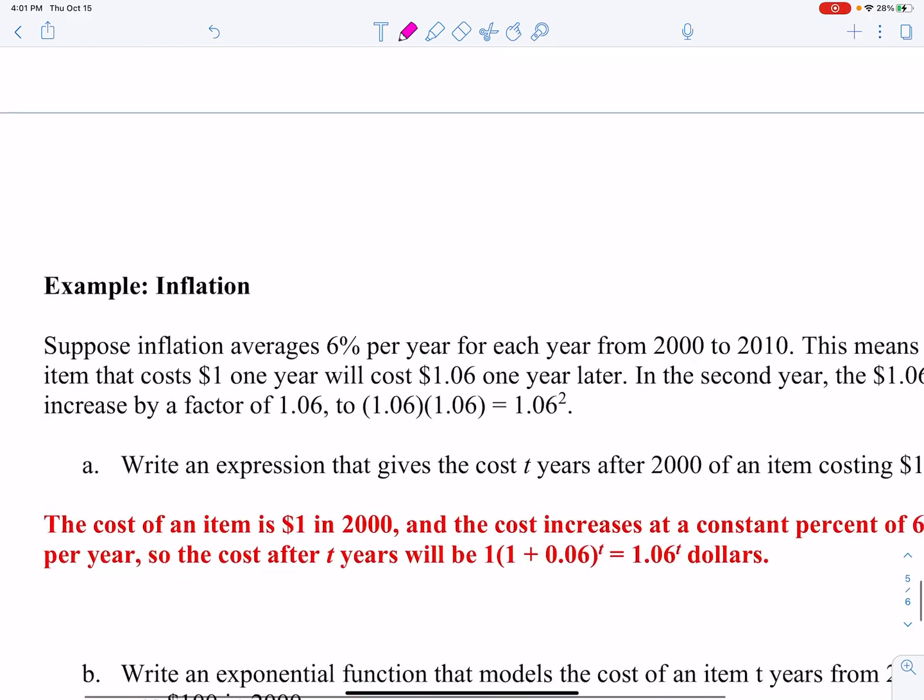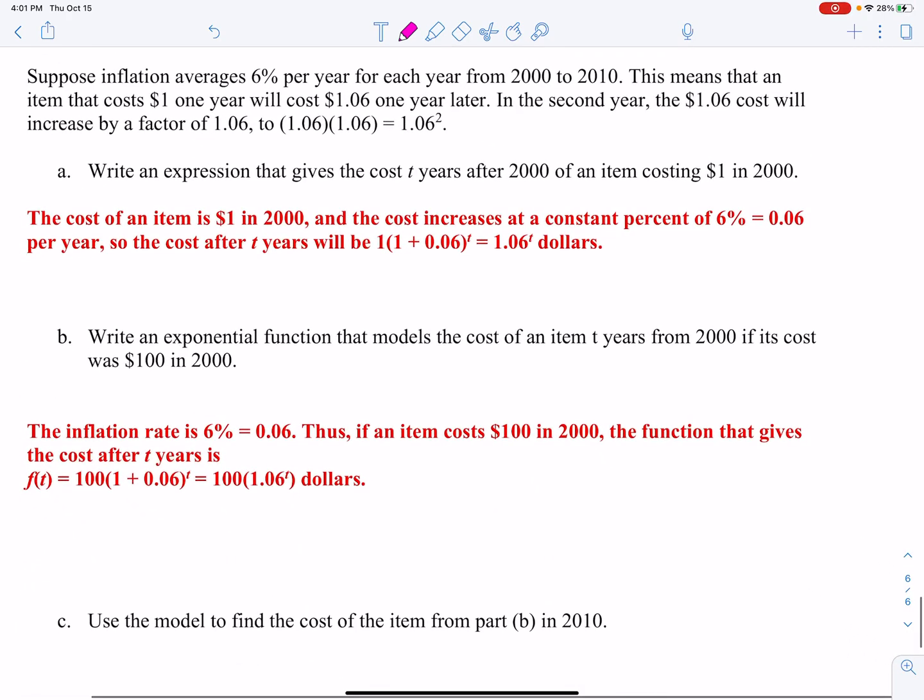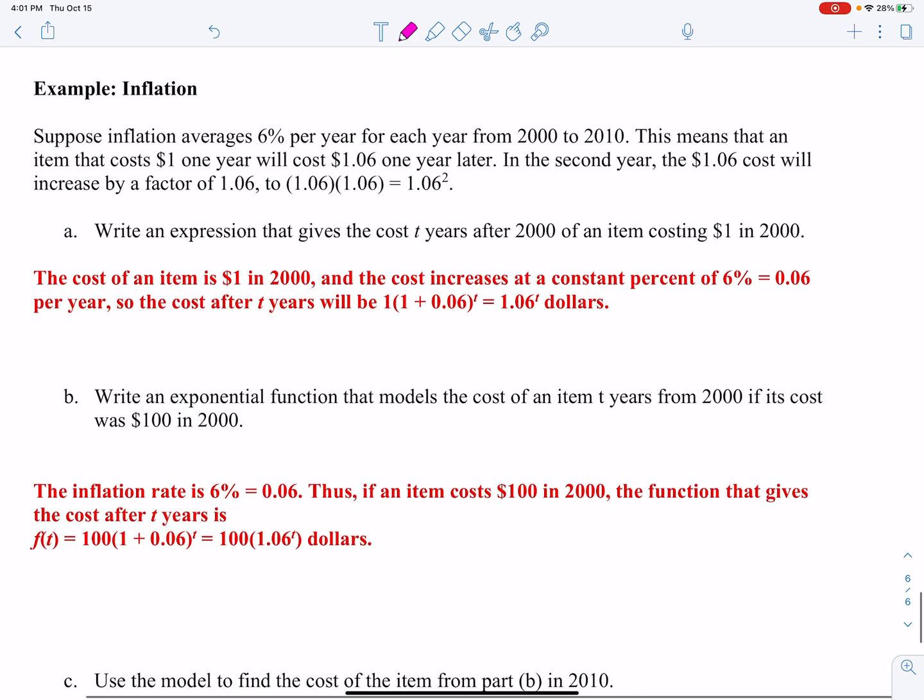All right, here's an example. Suppose inflation averages 6% per year for each year from 2000 to 2010.